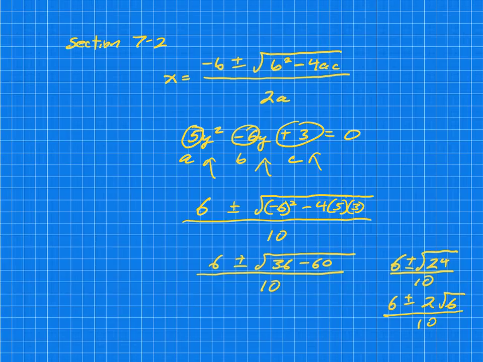So if I'm going to reduce this, I can reduce everything by 2, but I need to make sure I reduce the 6 and the 2 and the 10 by 2. Final answer, again, I'm running out of space, but I'll go ahead and write my final answer way up here. I divide everything by 2, I get 3 plus or minus root 6 over 5, and that is the answer.